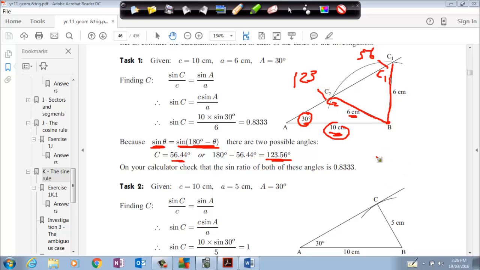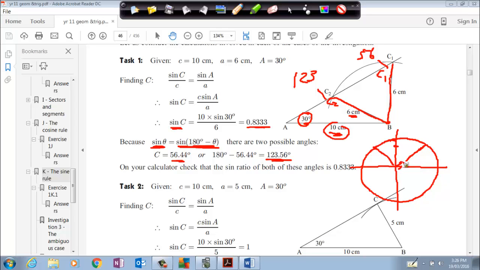You can also see this from the unit circle, why we need two angles, because in the unit circle, notice we're trying to get when sine C equals 0.8. Now sine is the y coordinate, 0.8 is here. There's two answers, there's one here and there's one here.